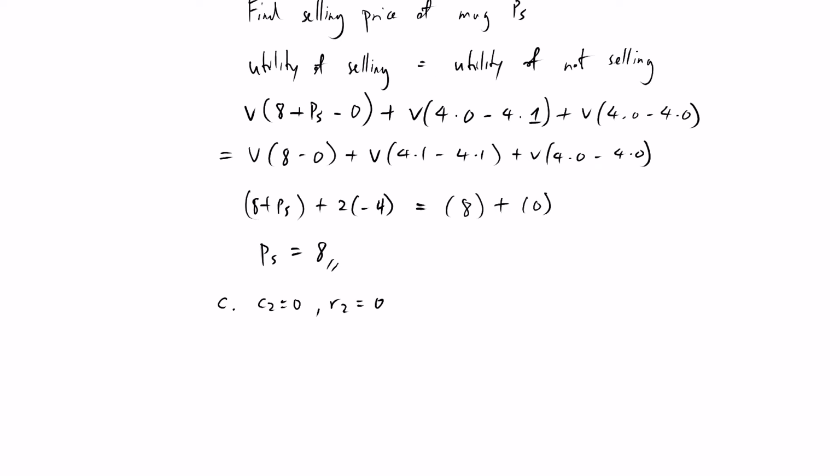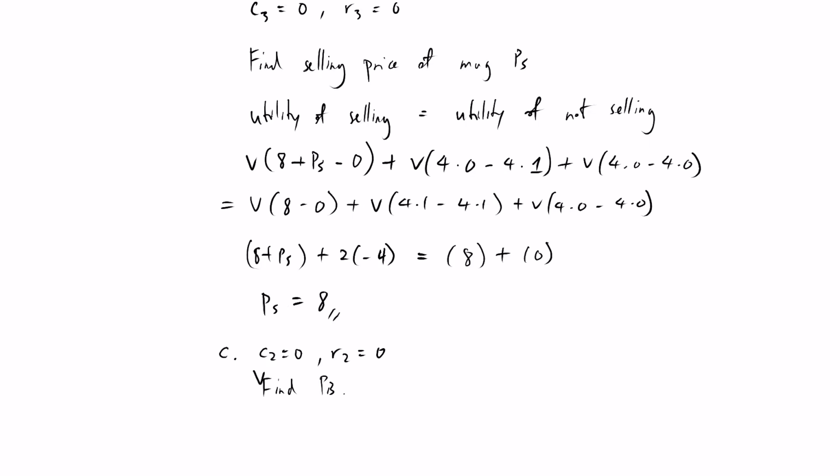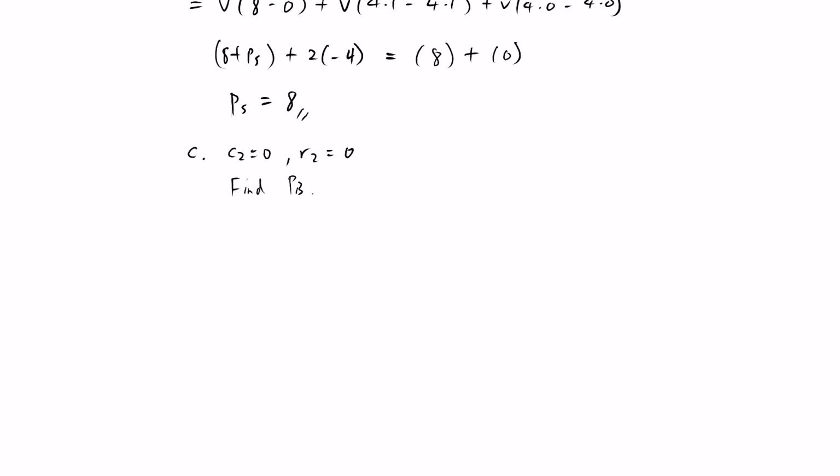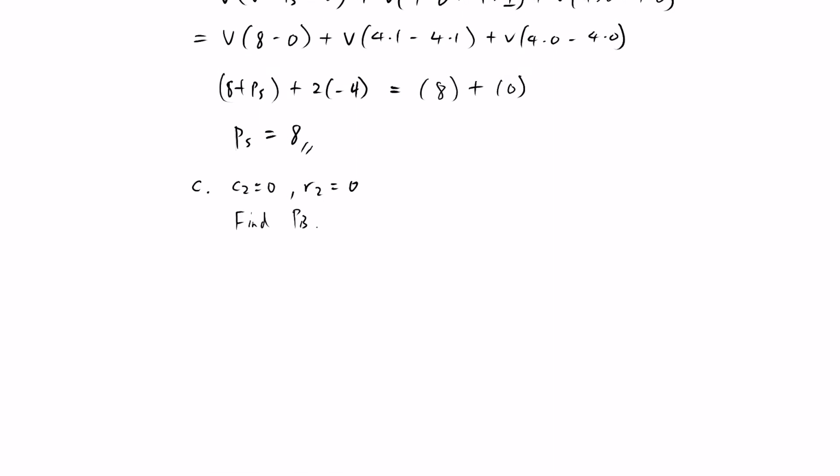So in this case, what happens? Now you want to see at what price would he be willing to buy the muck. Once again, as in standard microeconomics, you need the utility of buying to equal not buying.